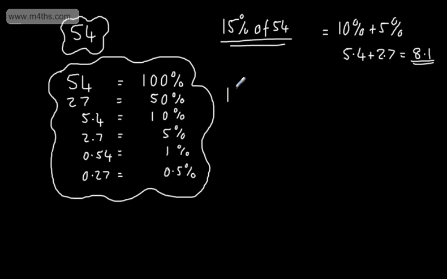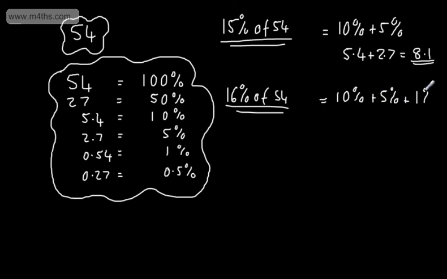Let's say we wanted 16%. Well, 16% of 54, we can make that by simply now adding the 15% which we have here. So it's the 10 plus the 5, and then all I'm going to do is go ahead and add now 1%. So I already know that 15% gives me the 8.1, so this is going to be 8.1 plus now 1%, which is 0.54.